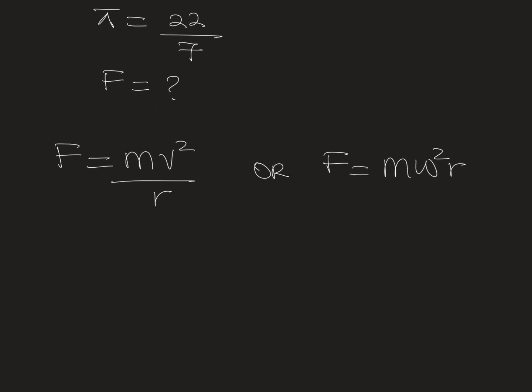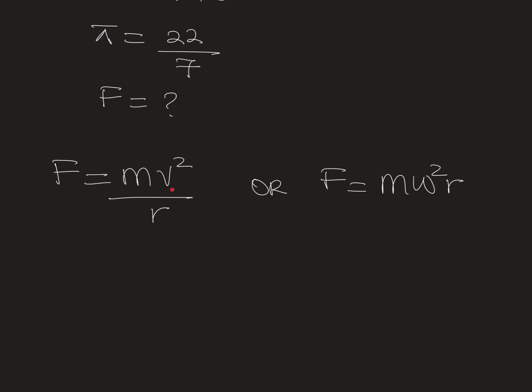So which means either we know the linear velocity or the angular velocity in order to be able to find the centripetal force. So how do we find the linear velocity? It is equal to 2 pi r divided by the period. This is one of the formulae of linear velocity. It is equal to 2 pi r divided by the period.